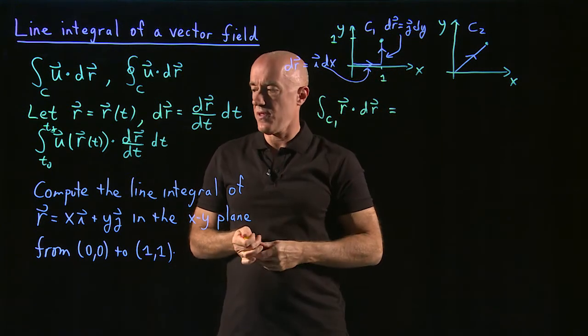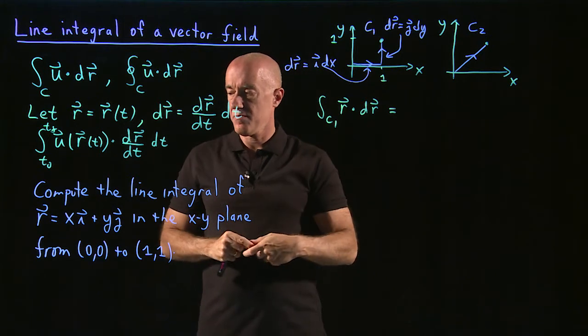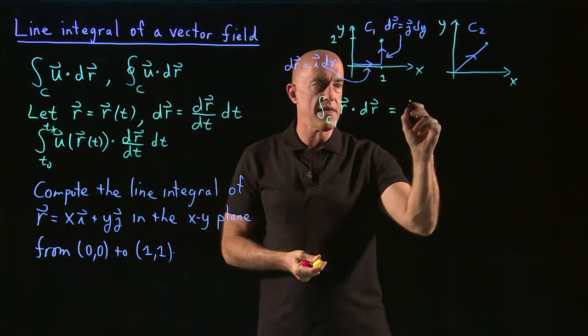So this integral then is xi plus yj, right? I can write that out.